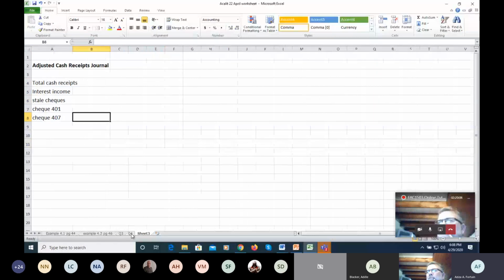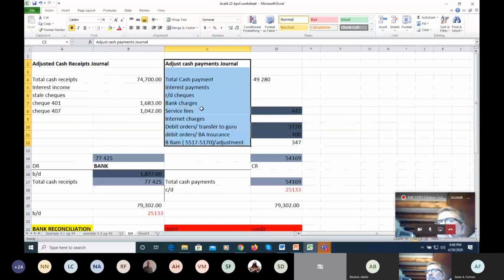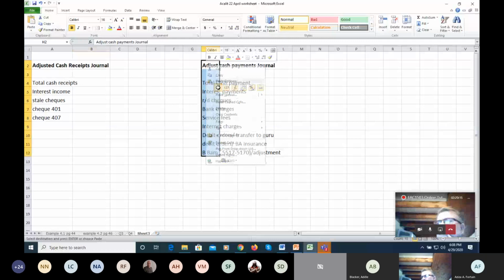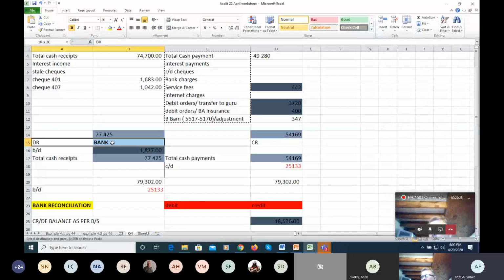The cash payments. And my bank, let's just copy the bank account as well.